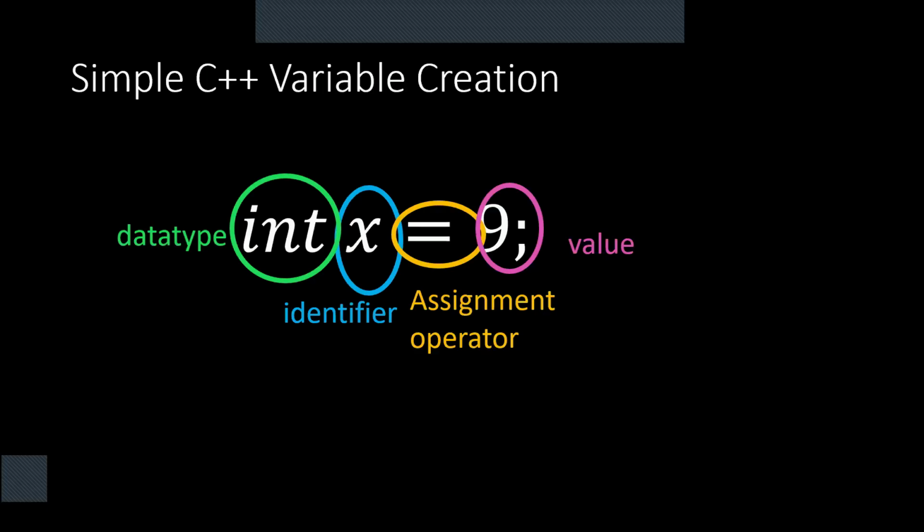This step is called variable declaration. You have to specify the data type, then the identifier name. Then you can just end the line with a semicolon. That is also a perfect C++ line of code. But if you want to assign some value into that variable, then you will have to extend it with this assignment operator and the value that you want to put into this variable x.